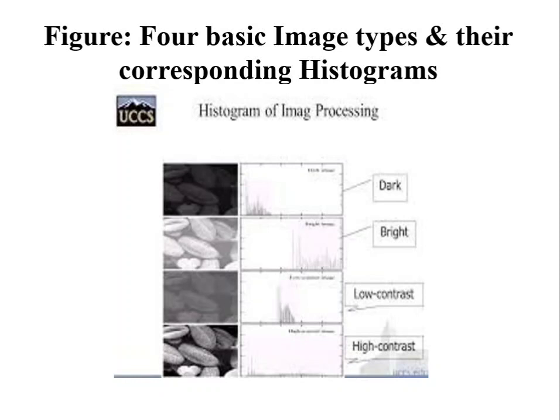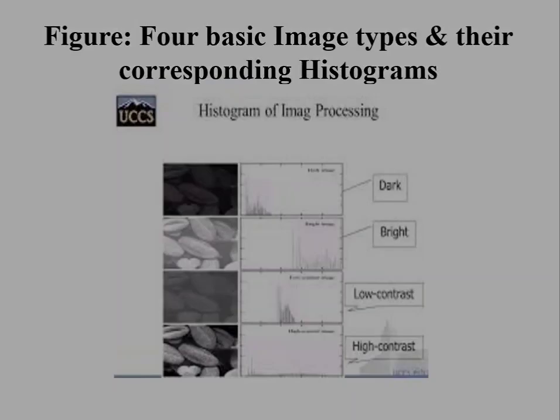The net effect will be an image that shows a great deal of gray level detail and has high dynamic range. It will be shown shortly that it is possible to develop a transformation function that can automatically achieve this effect, based only on information available in the histogram of the input image.